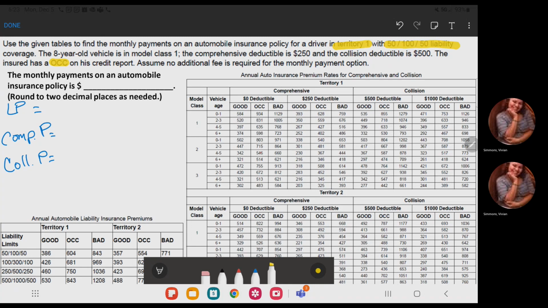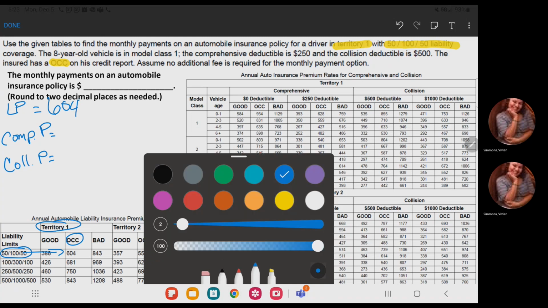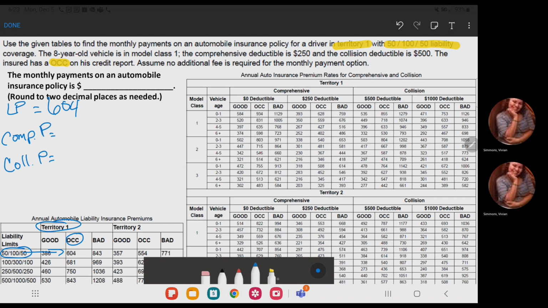Okay. So once we know that, now I'm going to go to the table, Territory 1, 150, OCC credit, 604. Now, let's go to the highlighter here.